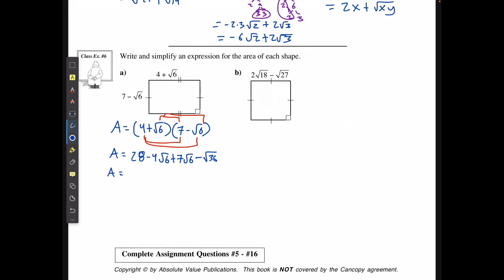The area is going to equal 28. 4 root 6 and 7 root 6 can get combined to make 3 root 6. And the square root of 36 is going to be minus 6. The 28 and negative 6 are going to give me 22 plus 3 root 6. And there is my fully simplified version.